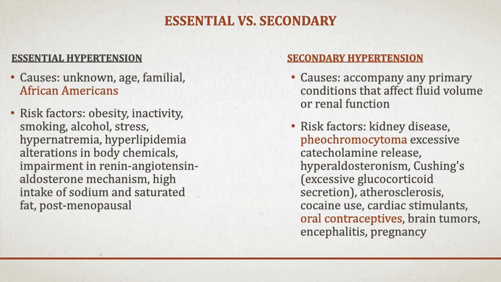So your risk factors for this are kidney disease, pheochromocytoma, excessive catecholamine release, hyperaldosteronism, Cushing's disorder, which is an excessive glucocorticoid secretion, atherosclerosis, cocaine use, cardiac stimulants, oral contraceptives, brain tumors, encephalitis, and even pregnancy. These are the risk factors for your secondary hypertension.